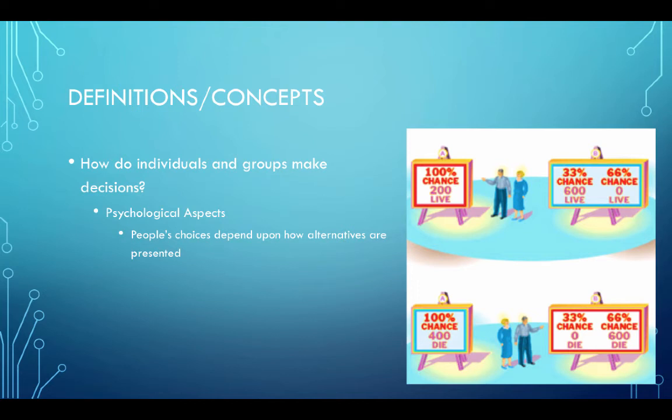Now I want to ask you, which decision would you make? Do you go for the sure thing, absolutely killing 400 people, or do you go for the 1 in 3 chance that everybody lives? It's a tough call. That's a tough decision to make.